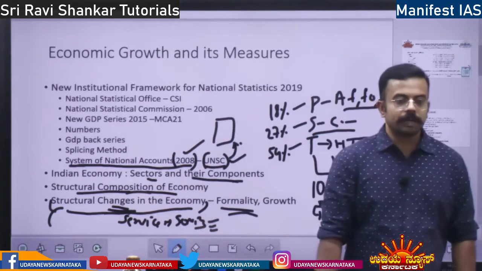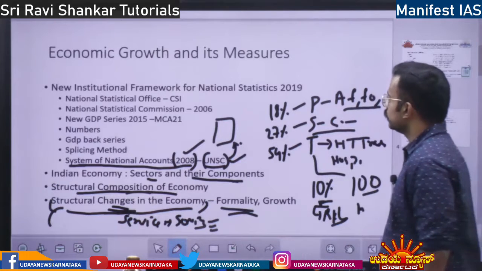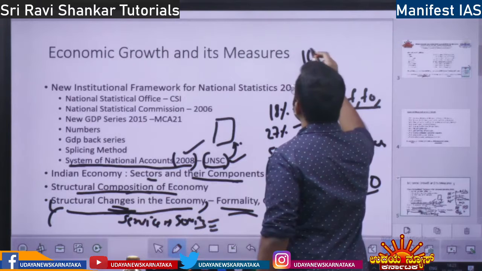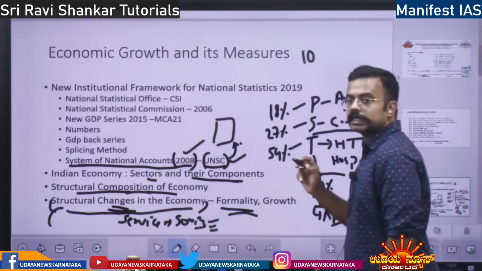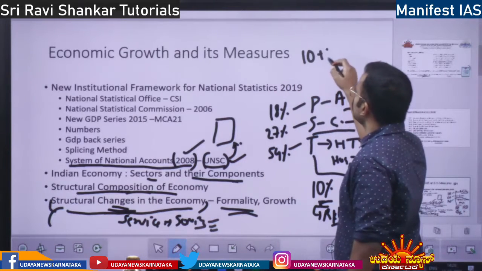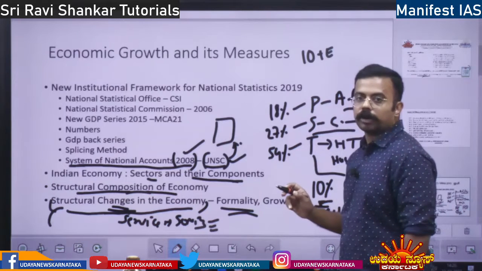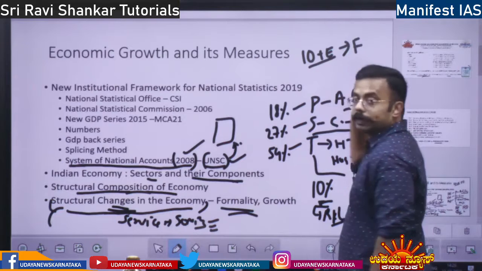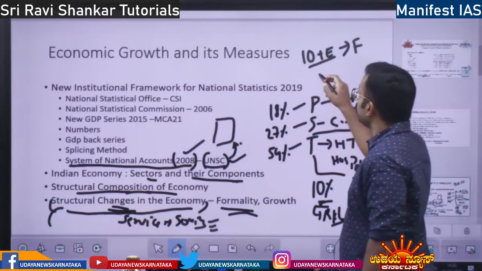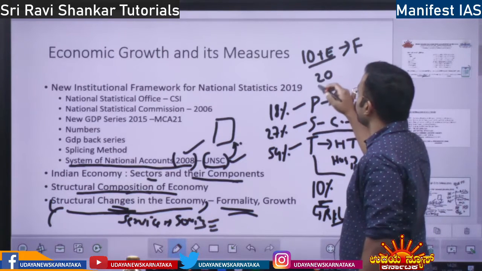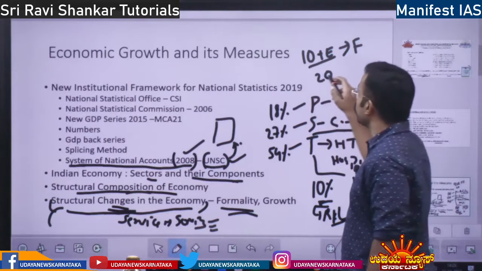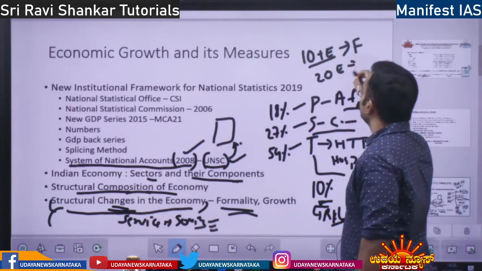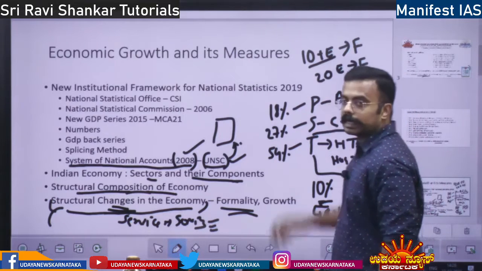For the informal economy, one more criterion is there. If an establishment employs 10 or more employees plus electricity is used in production, then it is formal economy, and it should be registered as well. 20 or more employees, even without electricity, will become the formal category.